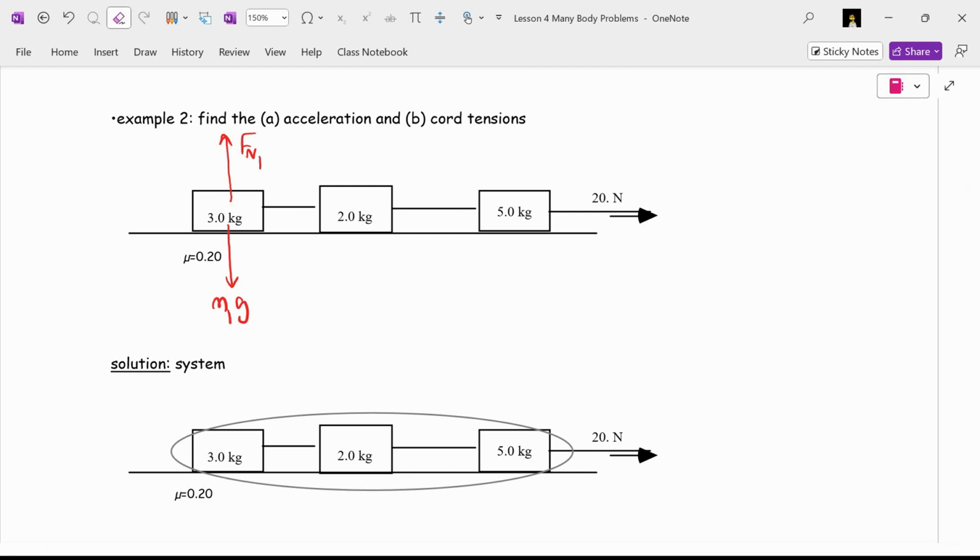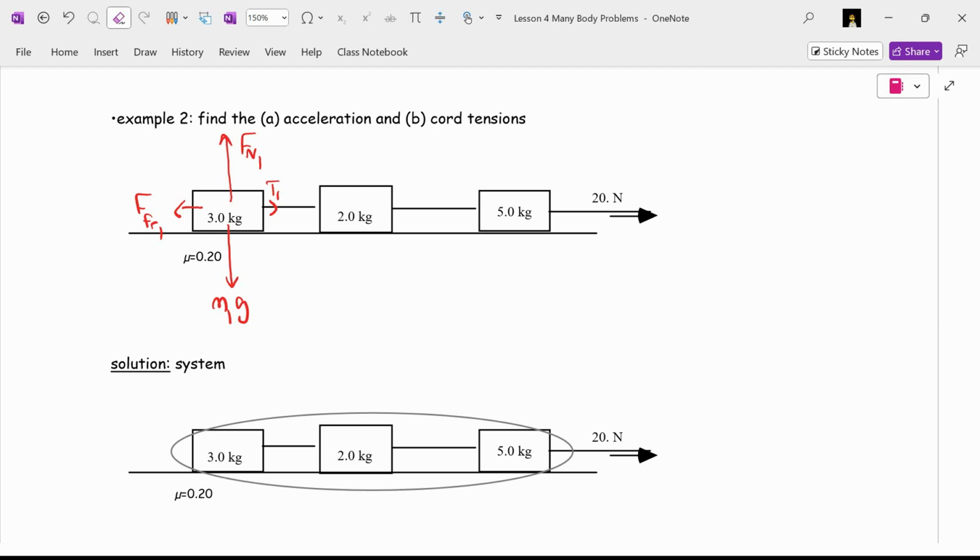Is there a rope? So tension. Oh, is there more than one rope? Yeah, I'm going to call this tension 1. I'll call the other rope tension 2. Is there friction? Yeah. I think friction is pointing this way. I'm going to call that friction force number 1 to go with mass number 1.